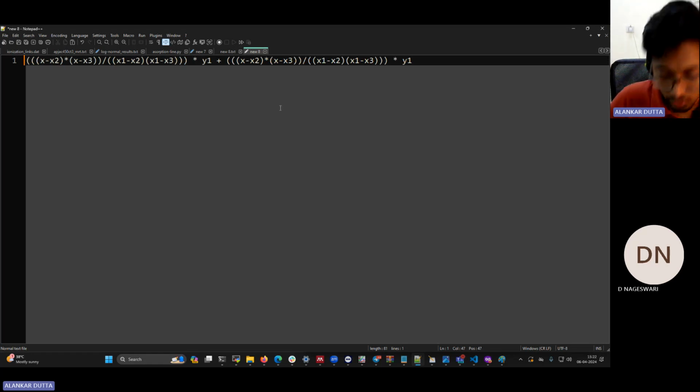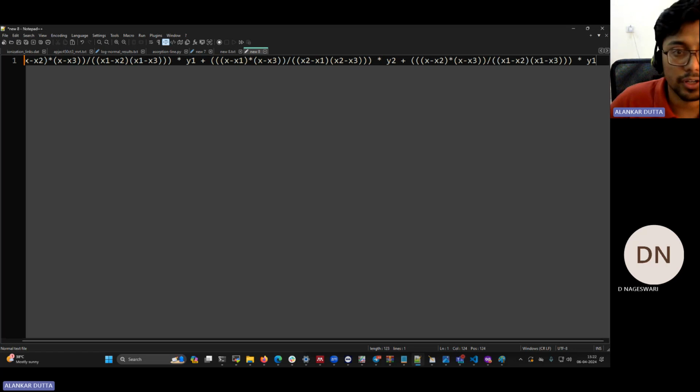Right. Similarly, we will do the same thing, but with different terms. Now we want to make the base on x2. So you will have x minus x1 and x minus x3, and then you will have x2 minus x1 and x2 minus x3, and this will be multiplied with y2. Then we move on to the final expression, based on x3.